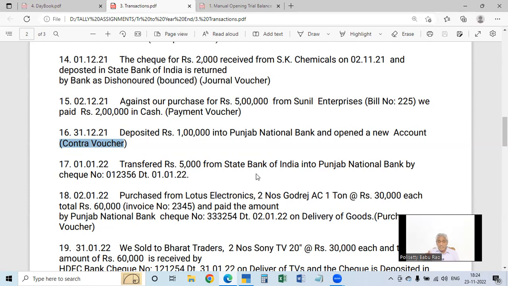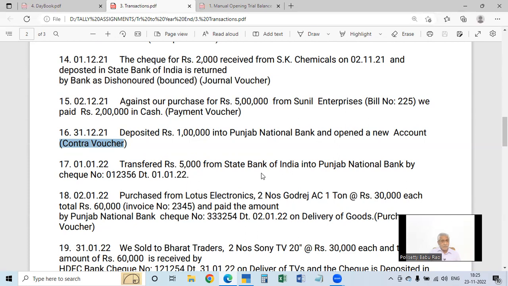When you are entering that, it will ask you the check number, because the transfer will be made by check only. We have to give these check details. The check is ours only, so we need not write any bank name because both banks are our accounts.